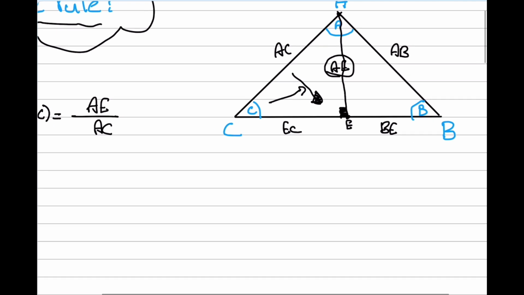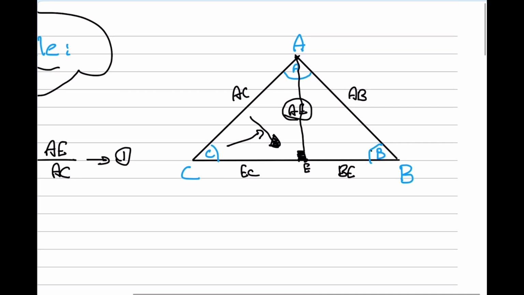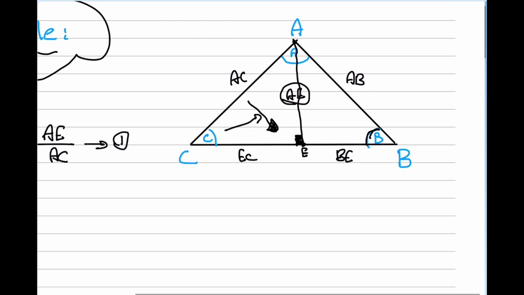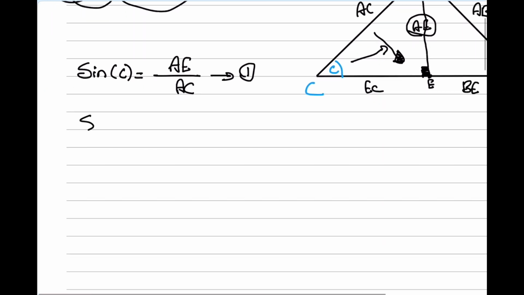This is number 1. In the other triangle, if we take the sine of angle B, the opposite side is also AE and the hypotenuse is AB. So sine of B is equal to AE divided by AB, and this is number 2.